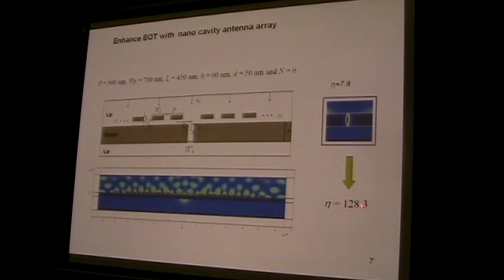And compared to the resonant case, this is something like 15 times enhancement.